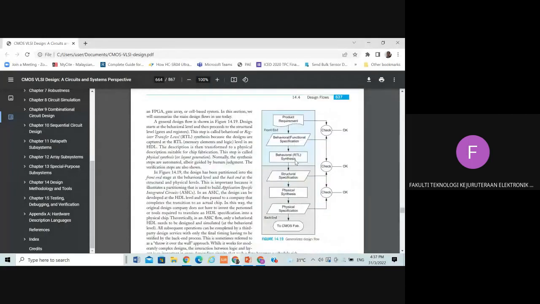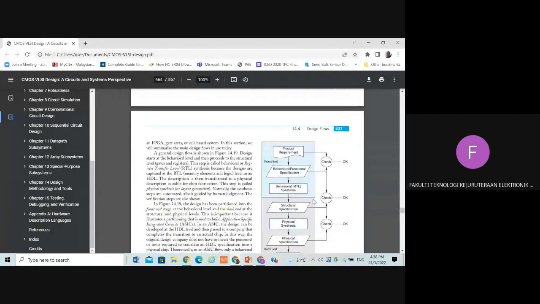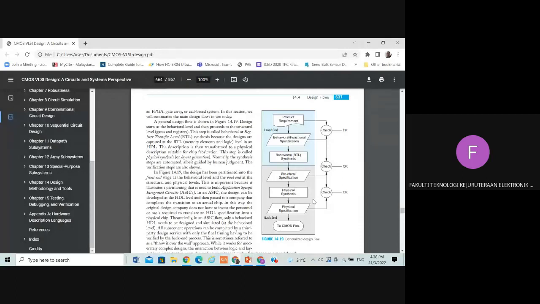Just read, not in detail. This may be good for you to understand the difference between FPGA and VLSI design or SOC design. With FPGA, normally we download our design into the FPGA chip. There are different types of FPGA. For example, Altera has Cyclone FPGA, and Xilinx has different versions of FPGA.